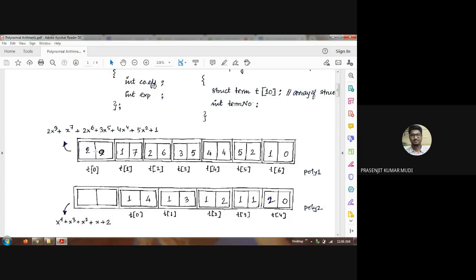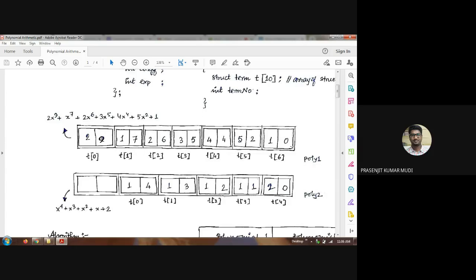So this is the zeroth one-dimensional array. Inside the zeroth cell, the first part contains the coefficient of the first term, and the next element stores the exponent of the first term. Similarly 1 7 is stored over here, 2 6, 3 5, 4 4, 5 2, and 1 0.